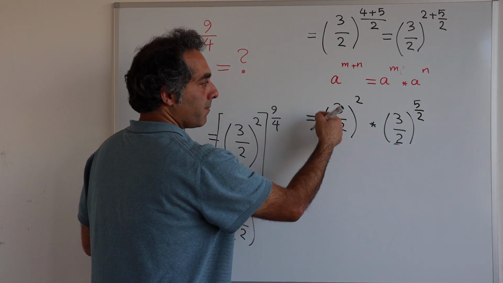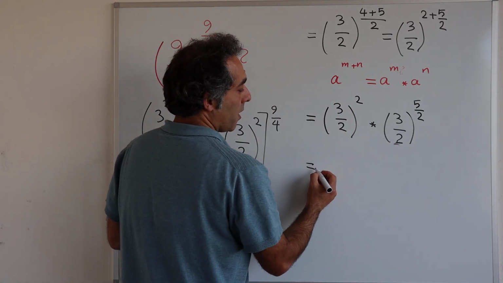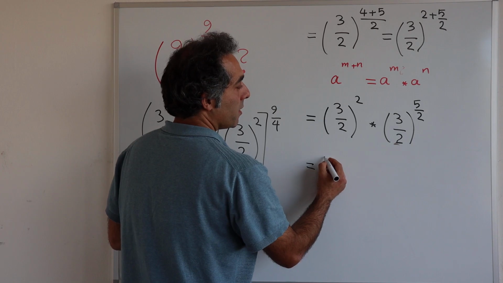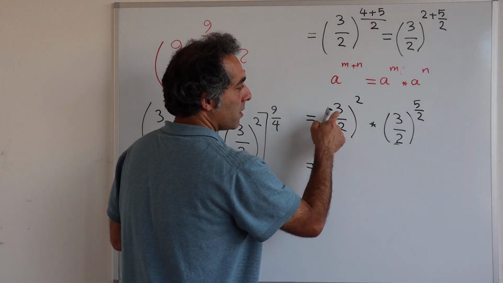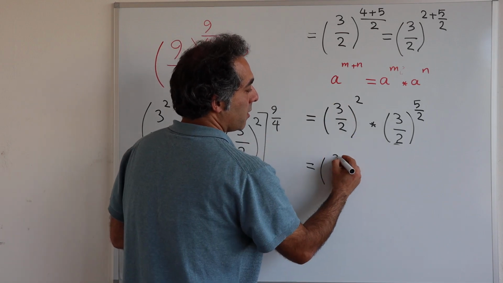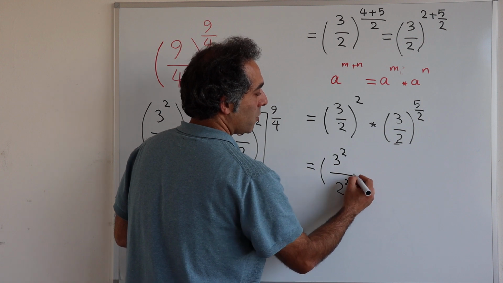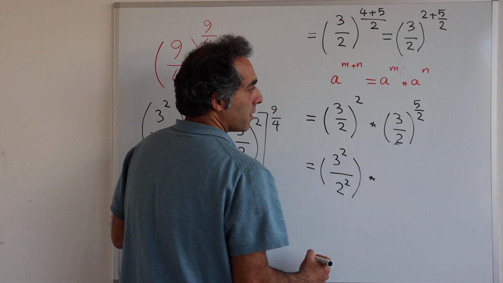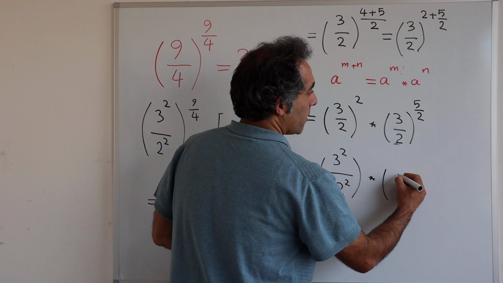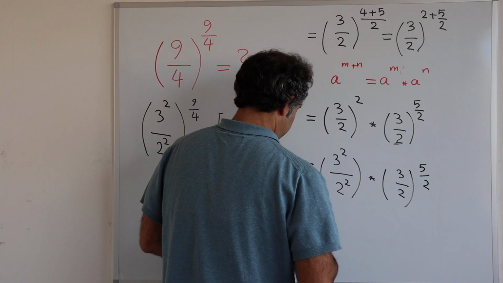The first term is exactly the first term we wrote. Both numerator and denominator can be squared: 3 squared and 2 squared, times 3 over 2 to the power of 5 over 2.